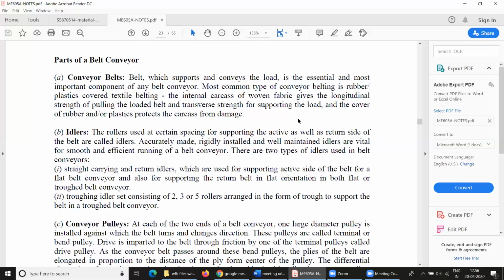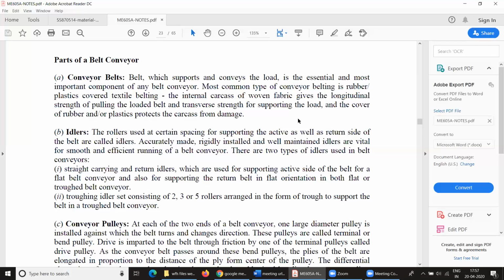The idlers are made of heavy steel tubes for severe service conditions like the material loading section, or they can be made of cast iron in corrosive applications like handling coke. And the idlers have specific dimensions, and idler spacings and edge clearance are also maintained in a table.